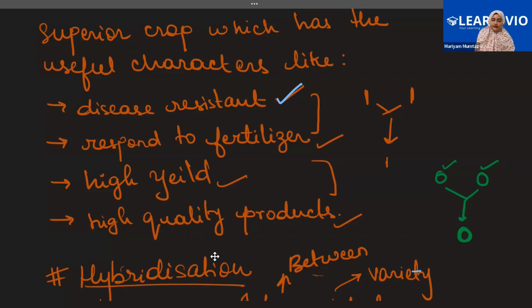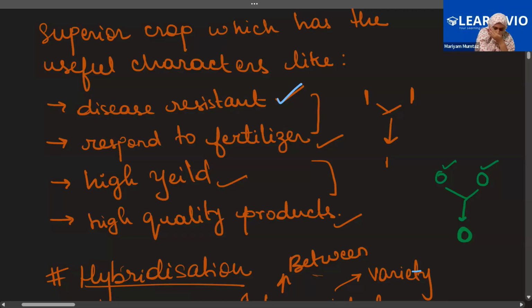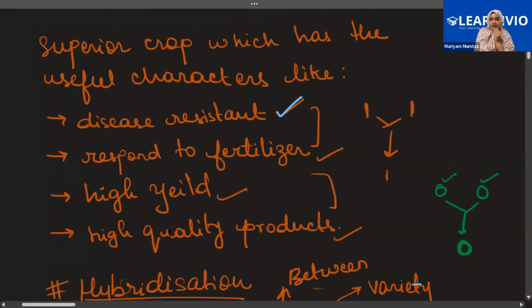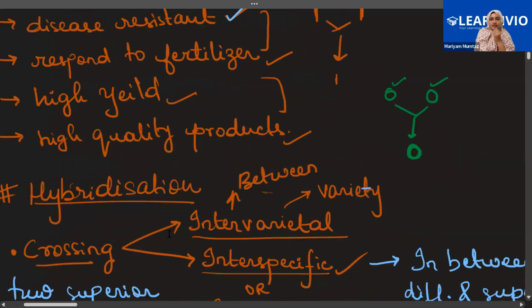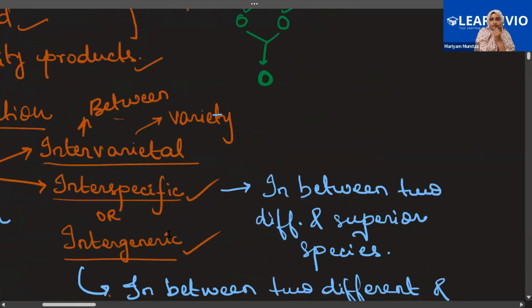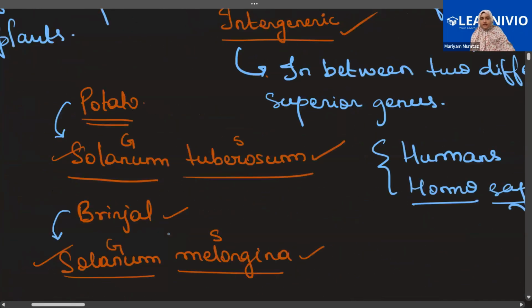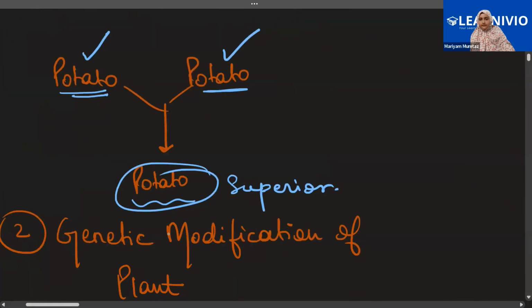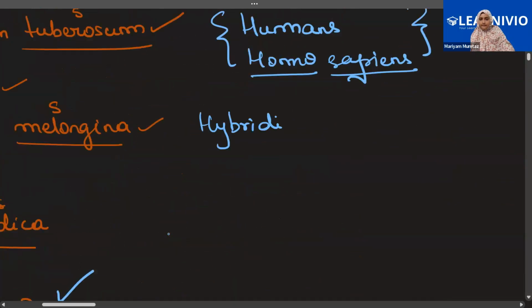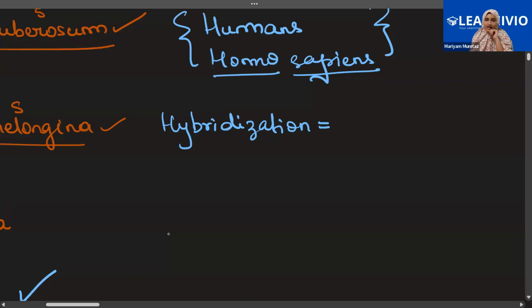Now see, moving forward, we'll write the definition of hybridization over here. What is hybridization? Hybridization is basically the creation of a hybrid variety.